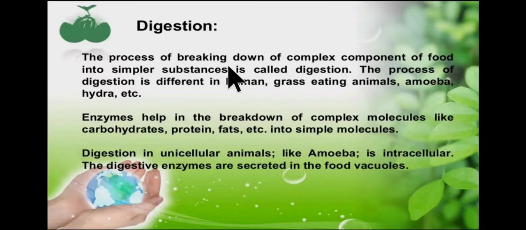The process of breaking down complex components of food into simpler substances is called digestion. The process of digestion is different in humans, grass-eating animals, amoeba, hydra, etc. Enzymes help in the breakdown of complex molecules like carbohydrates, proteins, fats, etc. into simple molecules.